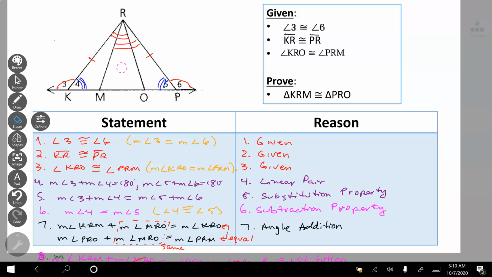But then, since this big angle is in both of them, that means this skinny angle here, KRM, is congruent to this skinny angle here, PRO. So I have these two skinny angles, and right now you can see, let me bring this picture up.